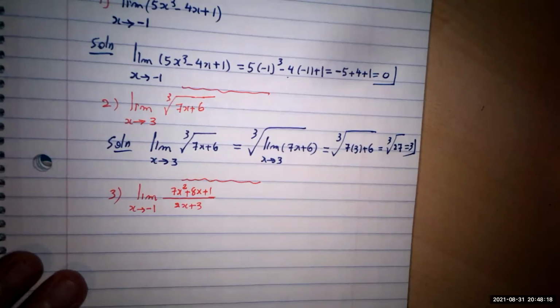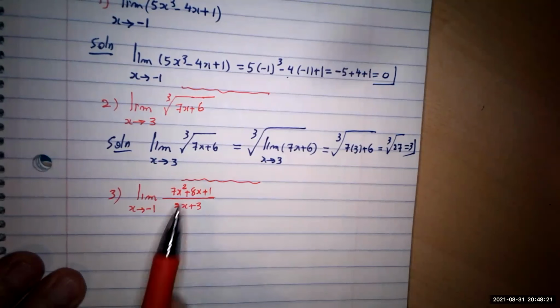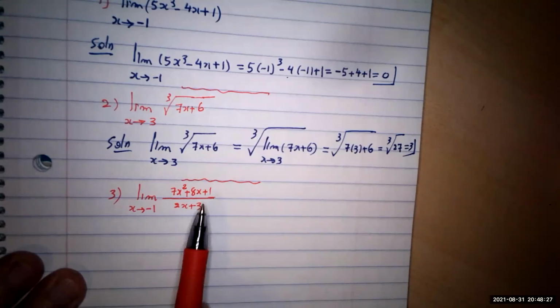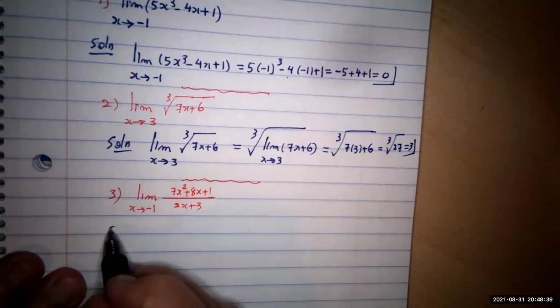You know that the limit of the quotient function would be the limit of the top divided by the limit of the bottom. What type of functions are the top and the bottom? Polynomials. And for the polynomial, you just do the substitution. So directly we substitute.